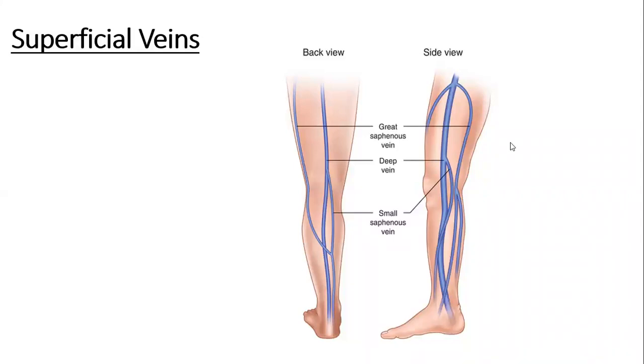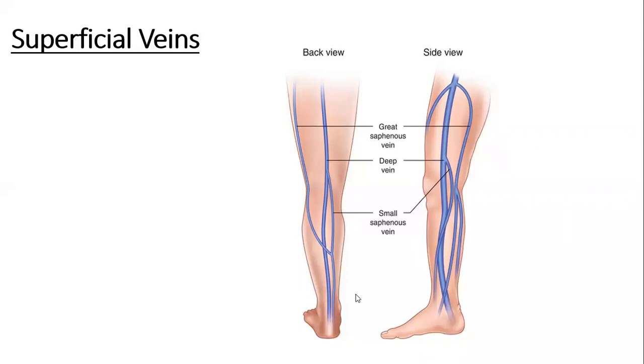The tributaries of the great saphenous vein include the superficial circumflex, superficial epigastric, superficial external pudendal, accessory saphenous vein, the medial marginal, and the various cutaneous veins. They drain into the great saphenous vein.